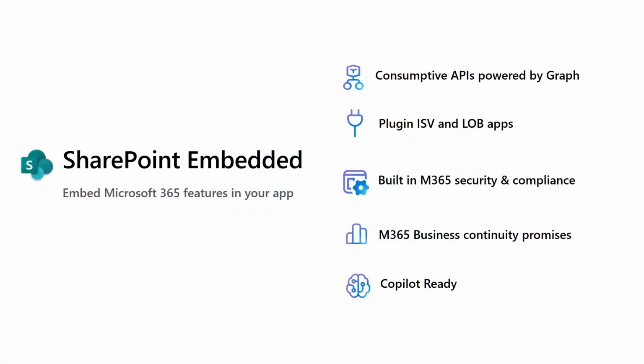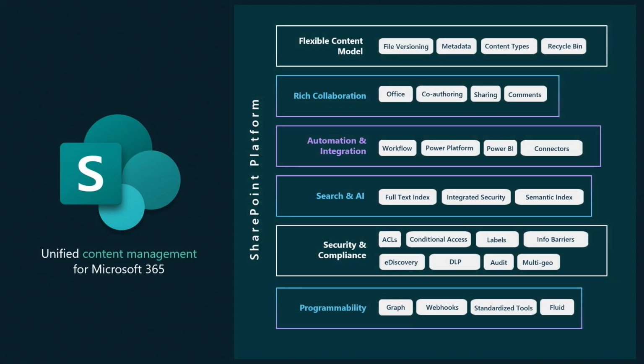When we talk about the world-class content capabilities within Microsoft 365, this is what we mean. At its core, you get a flexible content model, or a flexible storage model. And so the core content management capabilities that you'd expect when you're working with files, documents, and other content are available as part of the platform, including file versioning, support for metadata, content types, recycle bin support, and more.